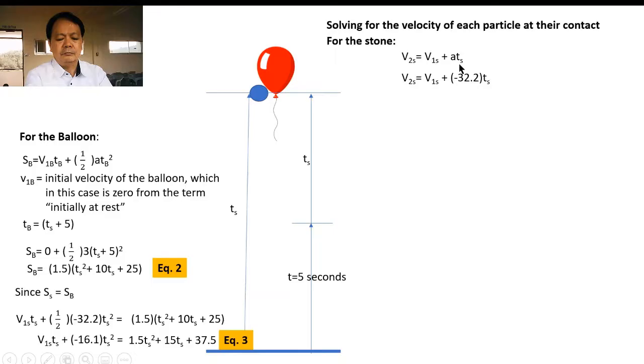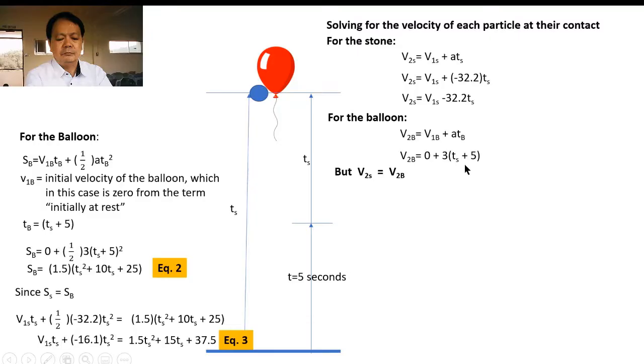Then we substitute that: V sub 1S minus 32.2 times T sub S. Therefore, our final velocity will be V sub 1S minus 32.2 Ts. Similarly, for the balloon, the final velocity shall be the initial velocity plus the product of A and the time. A is given as 3, so when you substitute, that is 3 times T plus 5, Ts plus 5.